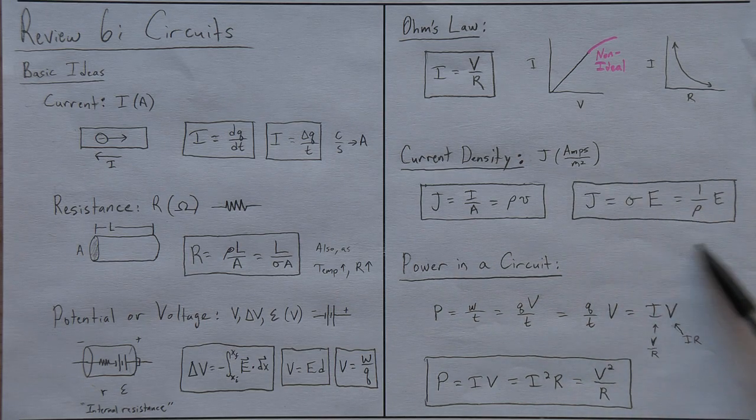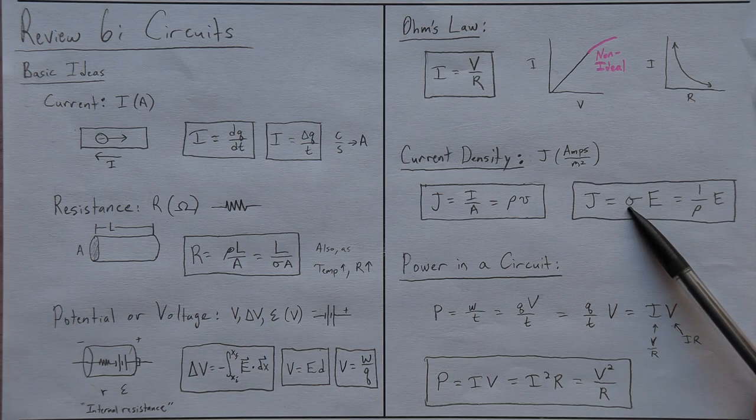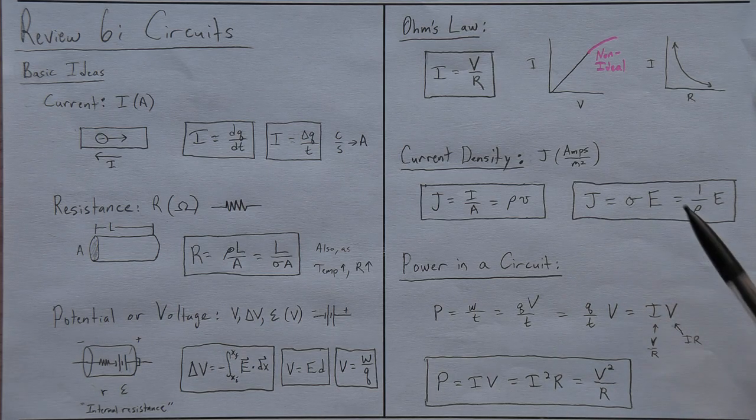These expressions tell us what current density is, what causes it. And what causes it is an electric field times conductivity is the current density. Now, interesting point. In the Gauss's law unit, in the conductor capacitor unit, I said that the electric field in a conductor was always zero. Well, I didn't say always. I said when the conductor's in static equilibrium.